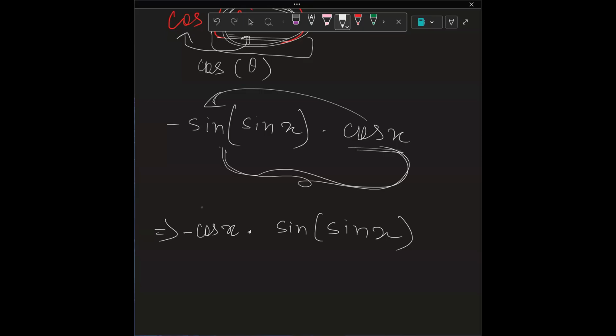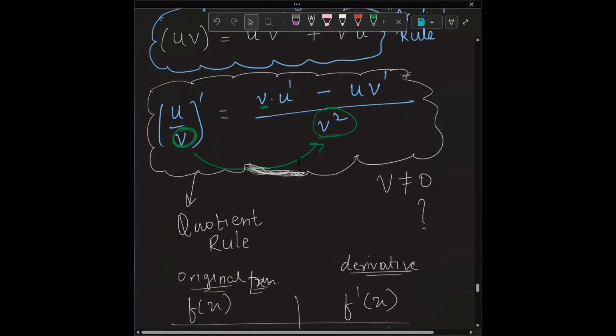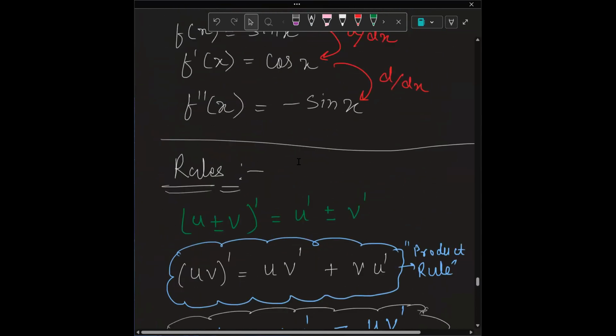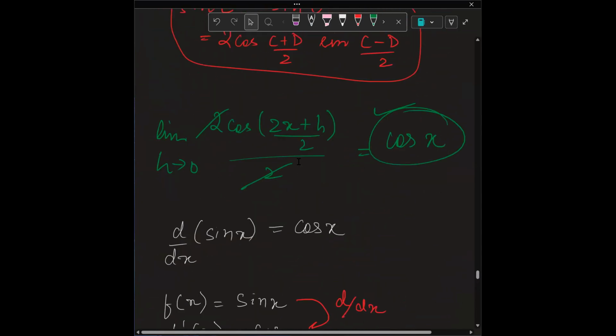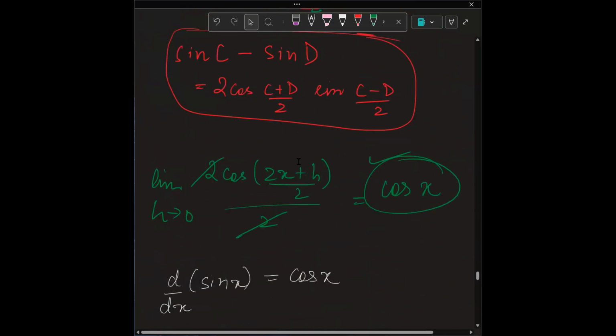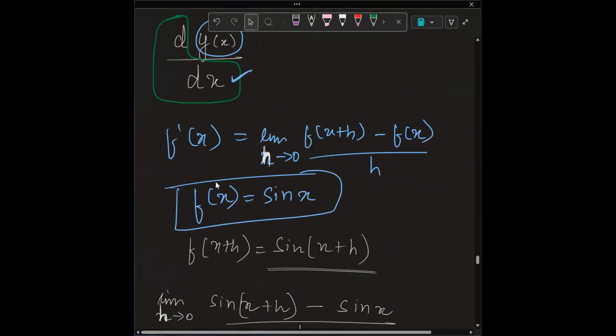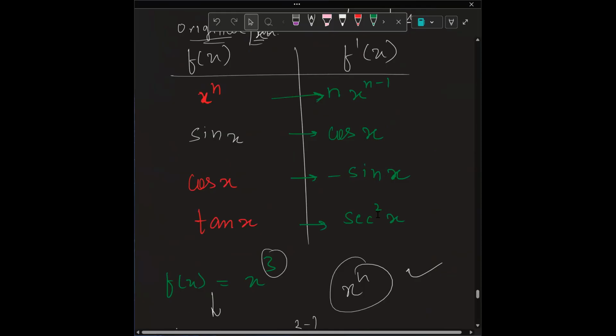Sir, how do you get minus sine? How I get minus cos, minus x का sine। डिफरेंशिएशन minus sine ना. अच्छा, एक मिनट, see, what is the differentiation of cos x? Yes, minus sine. Minus sine ना.